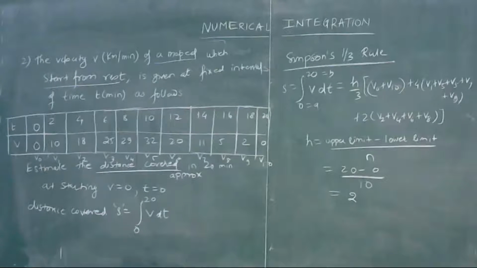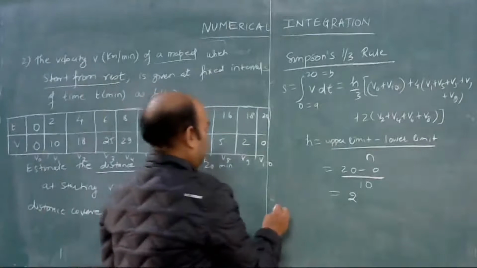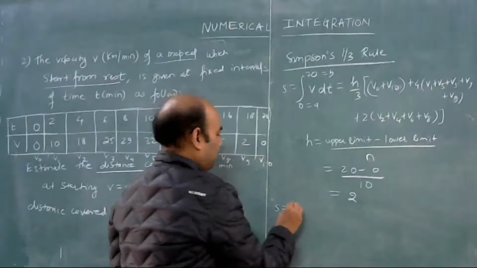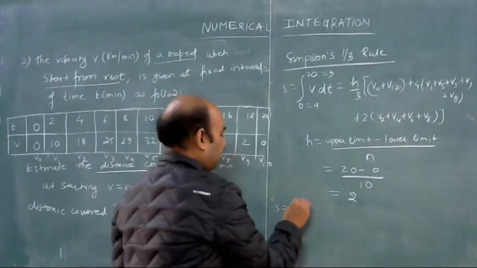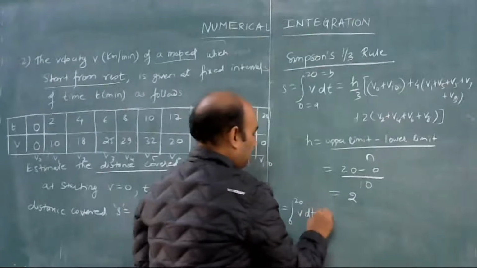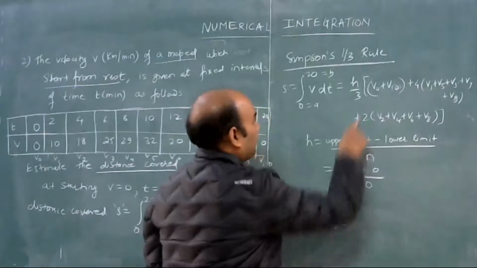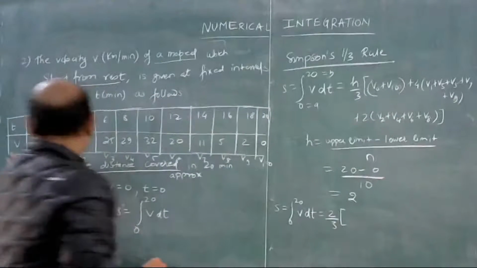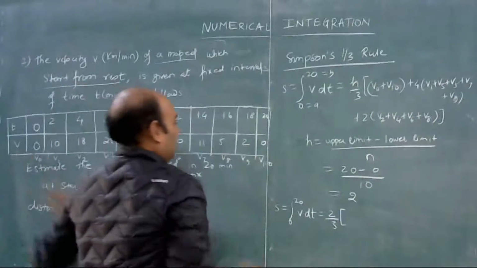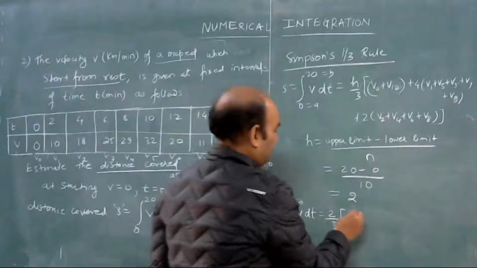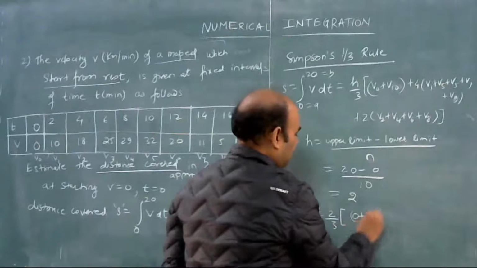Then substitute the values. The distance covered s will be equal to the integral from 0 to 20 of v dt, which equals h upon 3, that is 2 upon 3, times v0 plus v10. v0 is 0 and v10 is 0, these are the initial and final values of velocity.